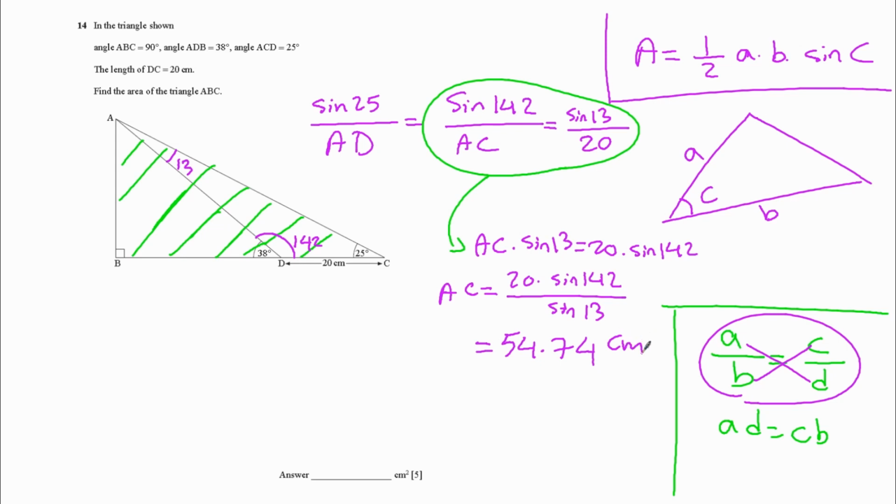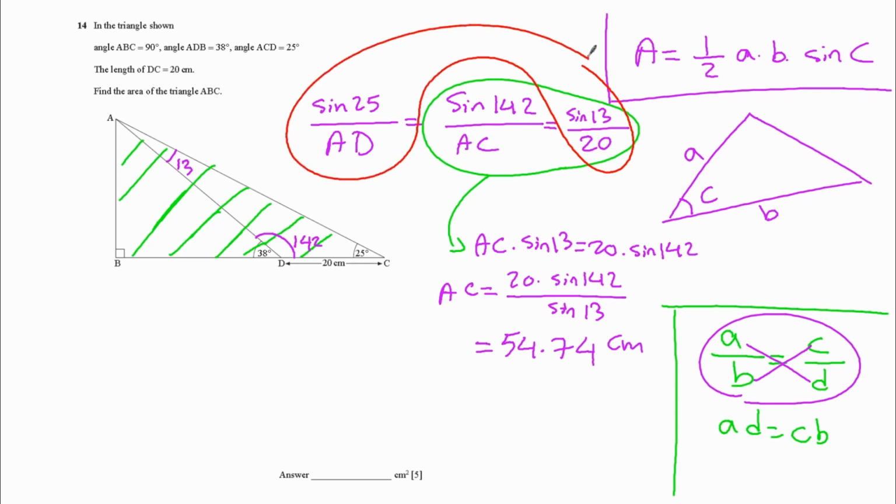I can do exactly the same thing and find out now the value for AD. So this time I am going to use this equation and this equation. So I'm just going to use sine 25 over AD equals sine 13 over 20.